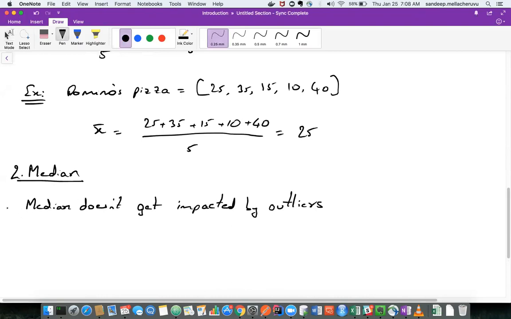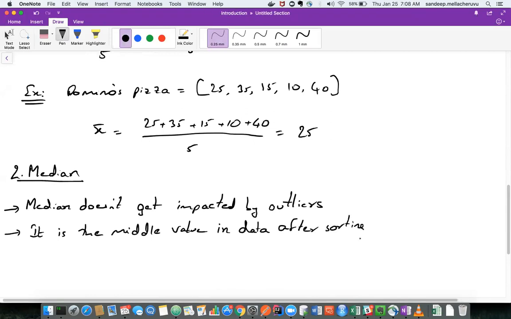Okay, and what is exactly the median? It is the middle value in data after sorting. You have to sort the data, or order the data, in ascending order.